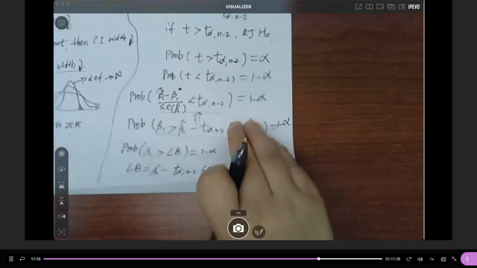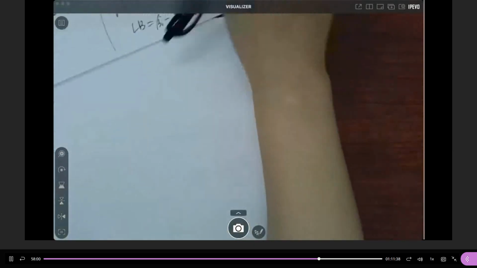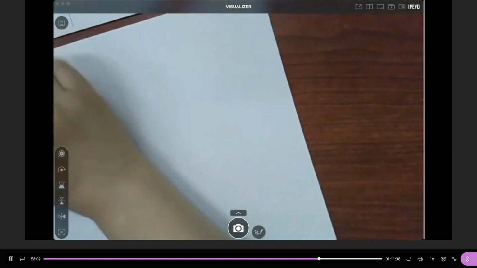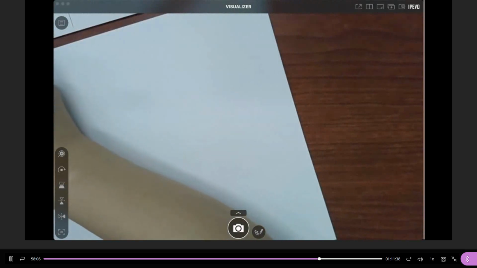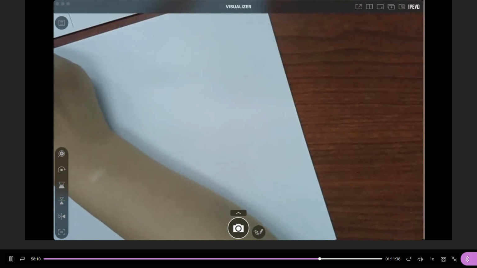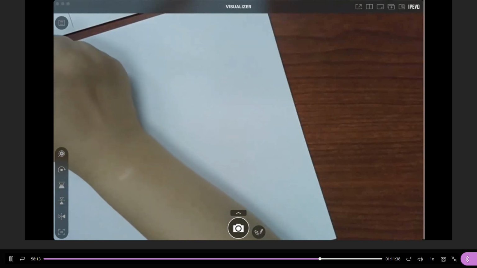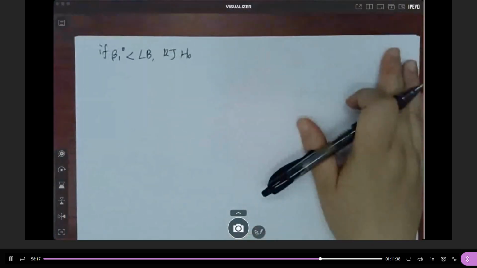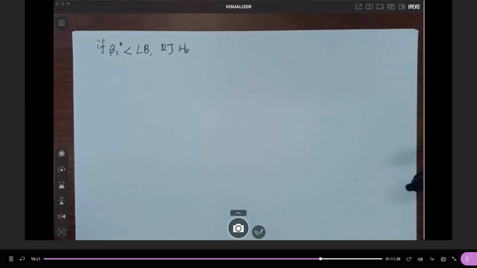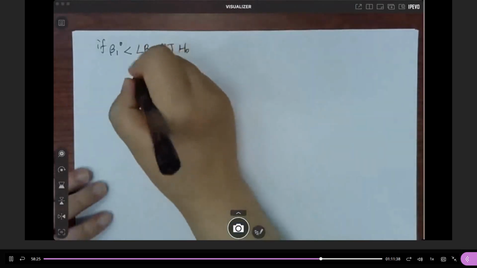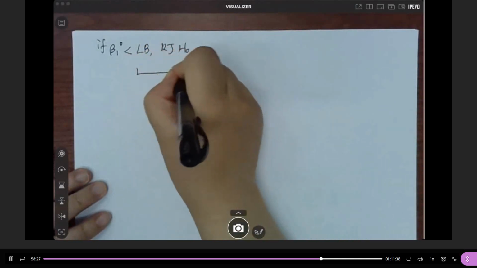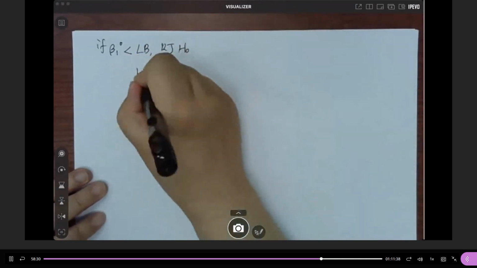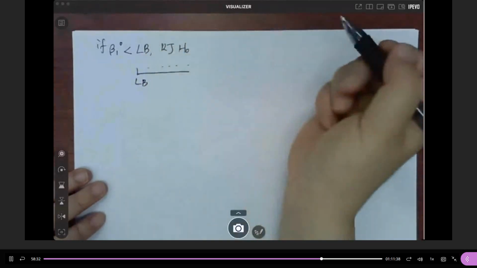So how do you reject? If the hypothesis value beta 1 naught is less than the lower bound, you would reject the null. Remember this: if the null is true, this is the lower bound, and the majority of values should be here.